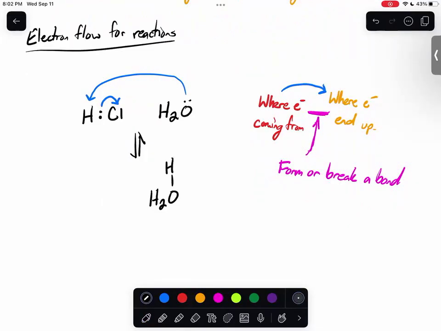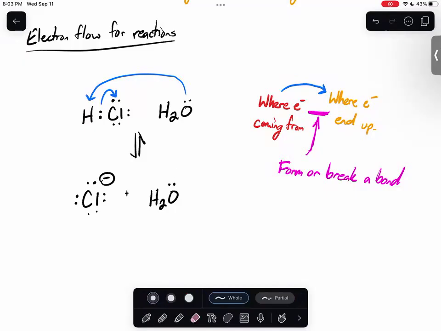And the chlorine, which gained that lone pair, we can draw the rest of the lone pairs on the chlorine, and it should be very obvious from here that the chlorine now is just chilling out with all eight of those electrons, which gives it a negative charge. Now, of course, the oxygen, that set of electrons is now in this bond between it and the hydrogen, which essentially means now it is positively charged.